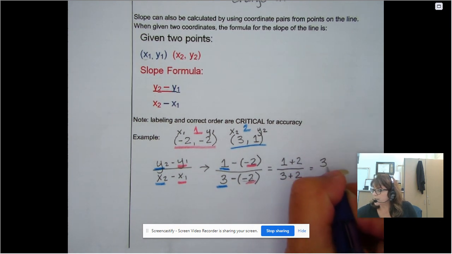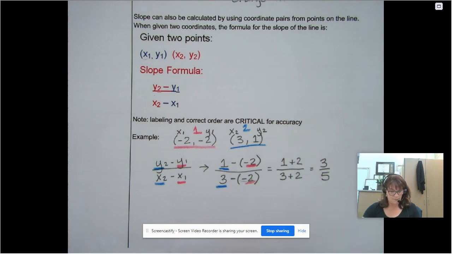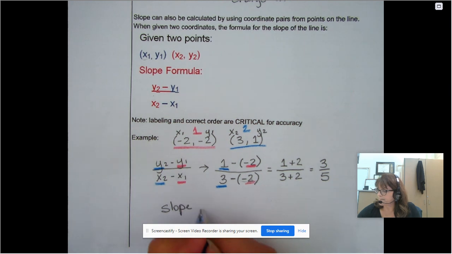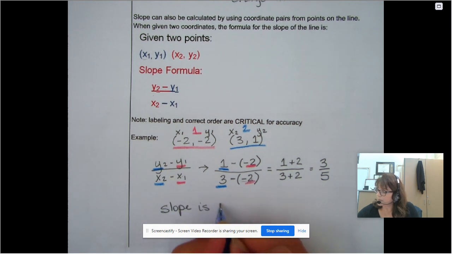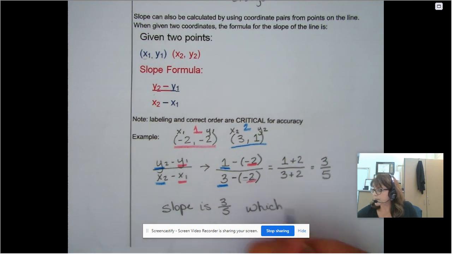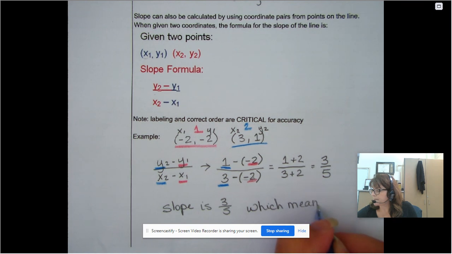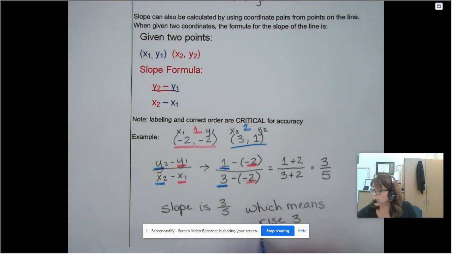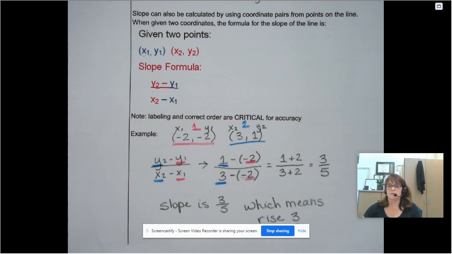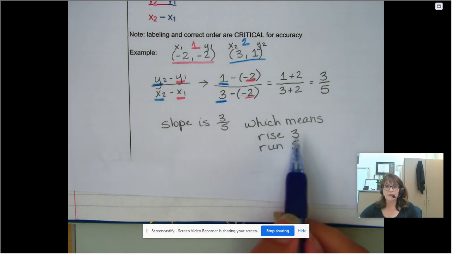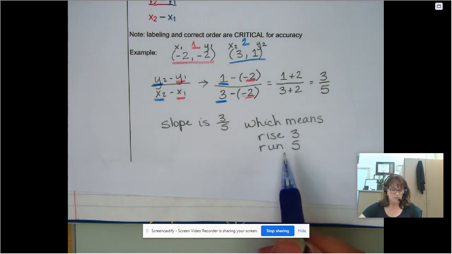So our slope here is 3/5. Which means rise 3, run 5. Really important. Very important that you remember which thing you need to do in your actions.